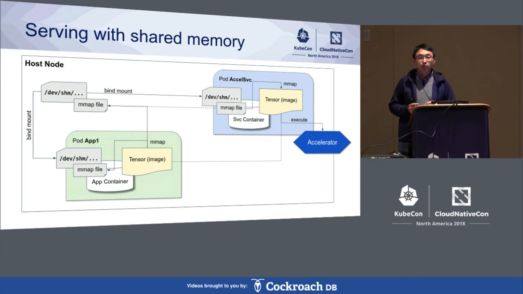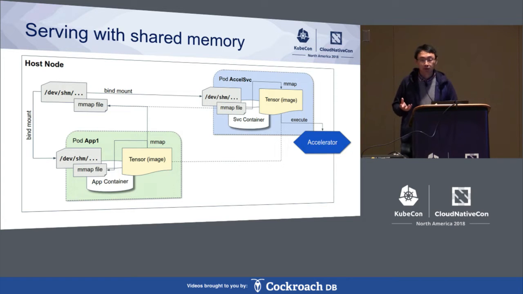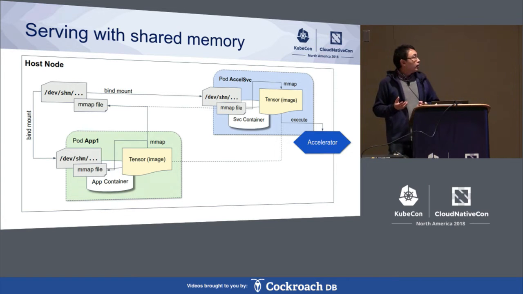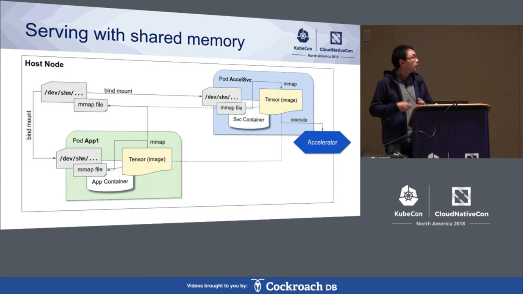When the app1 pod receives the frame after pre-processing, it saves the image data into the tmpfs using mmap. And it notifies the auxiliary service using whatever mechanism. Because they are sharing the same file system, the auxiliary service is able to see the file on the local file system, and it uses the same mmap system call to map the file into its own memory space.